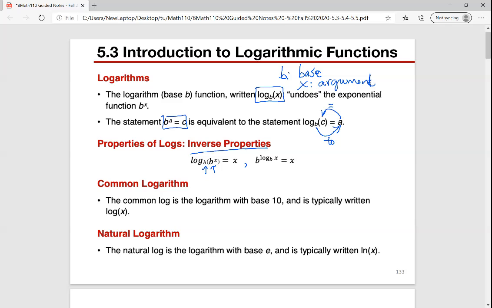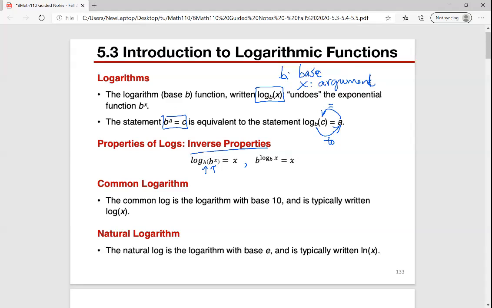Common logarithm. This is a very common one. If you take a look at your calculator, you can see a log button. It's called log x or something like that, but the base of the log never appears.